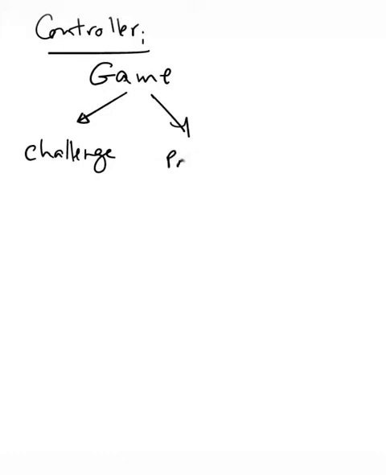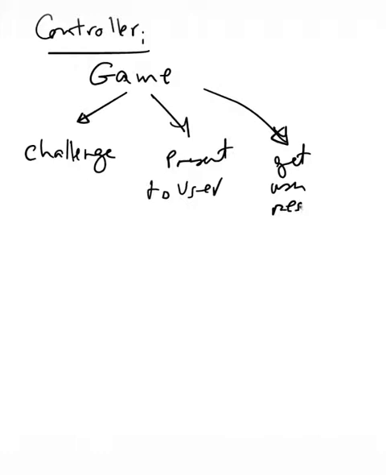And before we get to the details of every controller, something to discuss about the game. Every game must have a challenge, a means to present the challenge to the user, and a means to get user response, and finally evaluate user response.